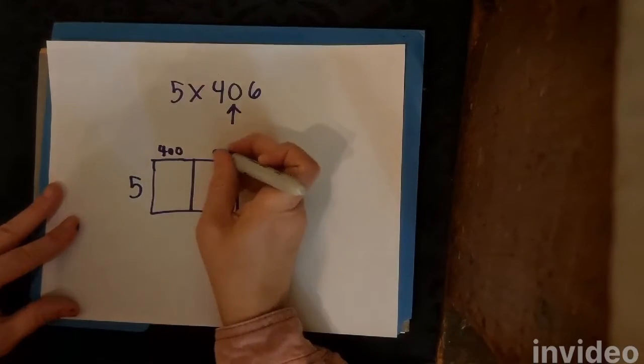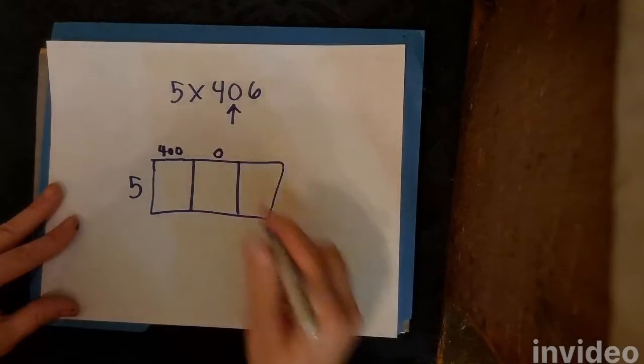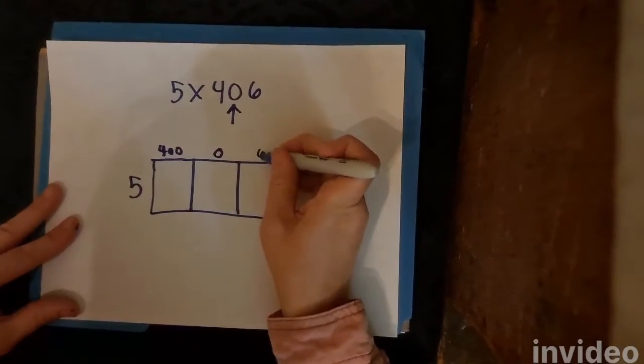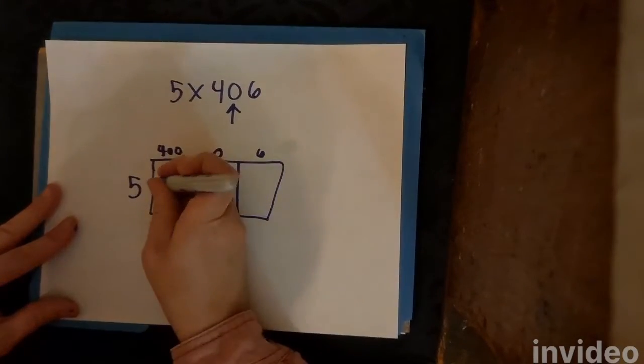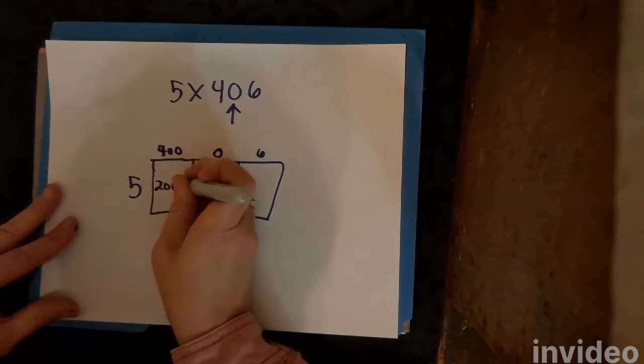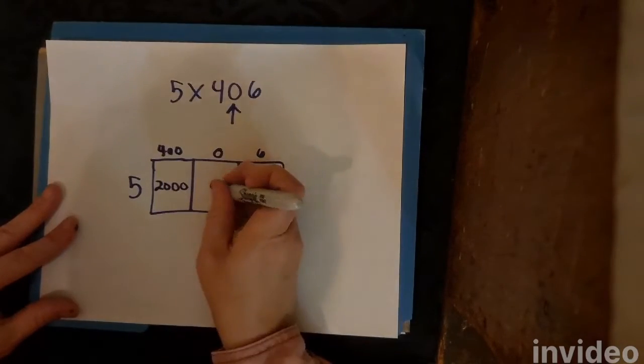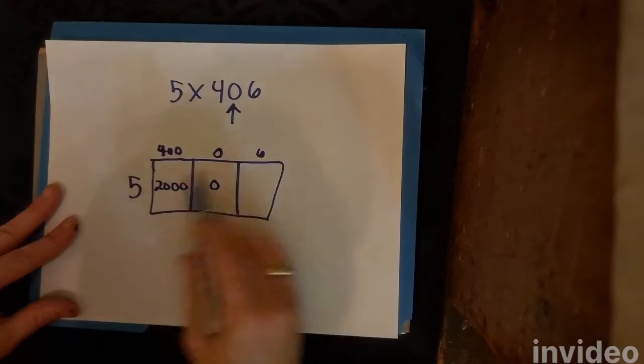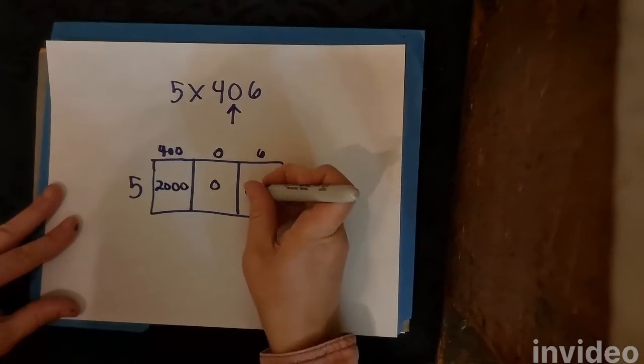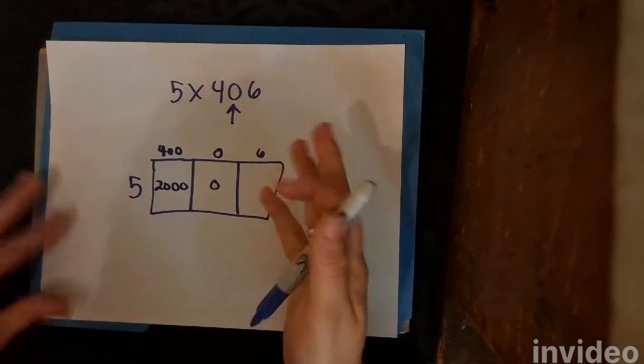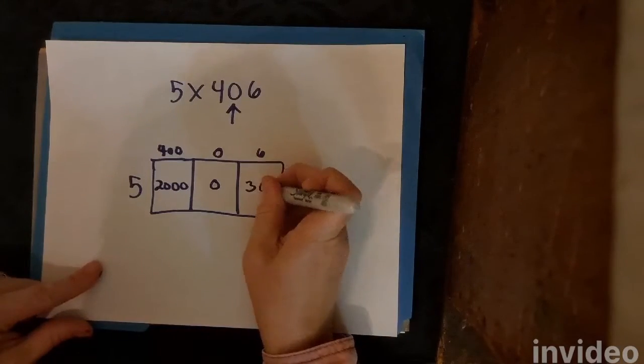No tens, right? So we don't have any tens here. And then 6. So we do 5 times 4, which is 20, and we bring down our 2 zeros. 5 times 0, which is 0. It's nothing. And 5 times 6, which is 5, 10, 15, 20, 25, 30, which is 30. And you don't have to bring down a 0.